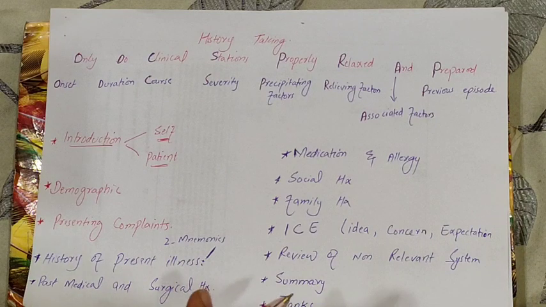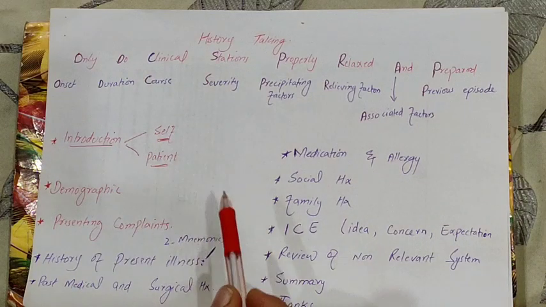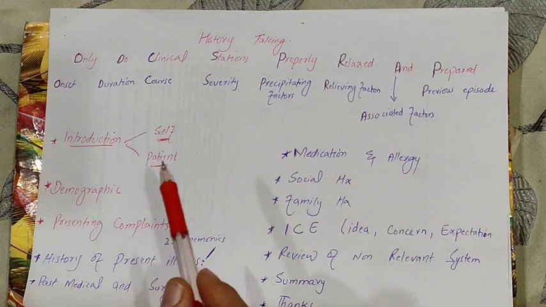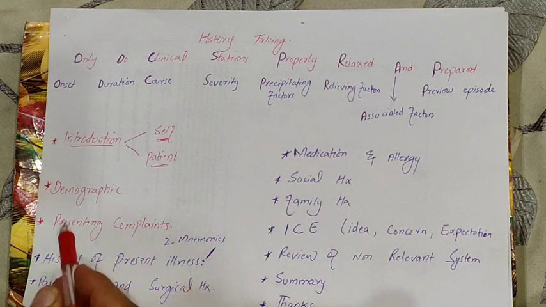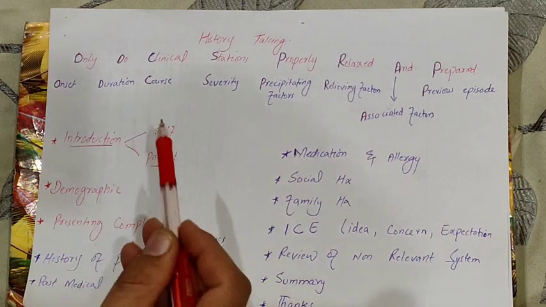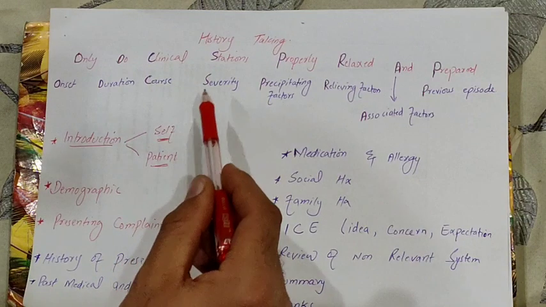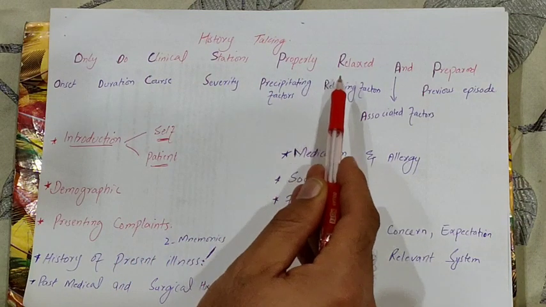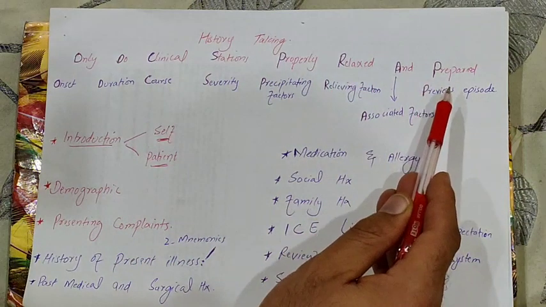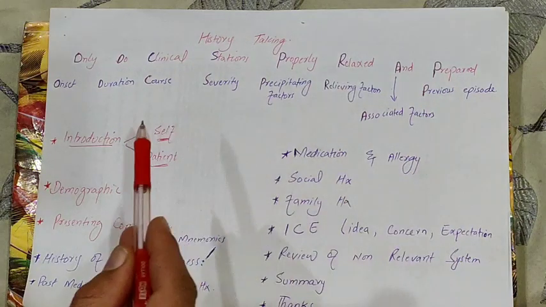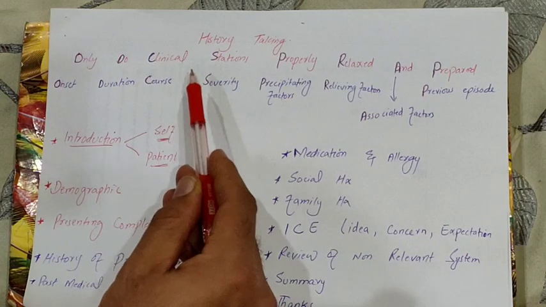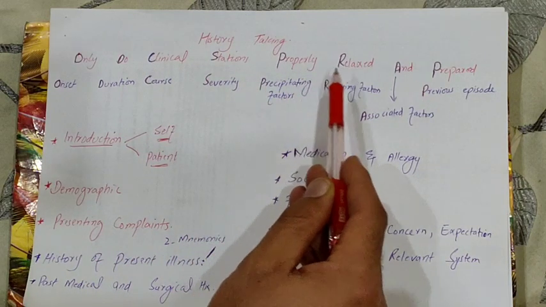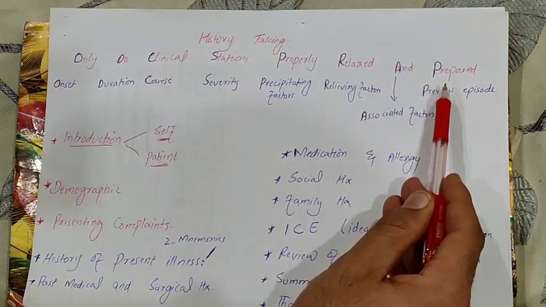The first mnemonic, which I have written at the top, is for everything in medical education except pain. So here is the mnemonic, write it down: Only do clinical stations properly, relaxed and prepared. This is one of the mnemonics: only do clinical stations properly, relaxed and prepared.